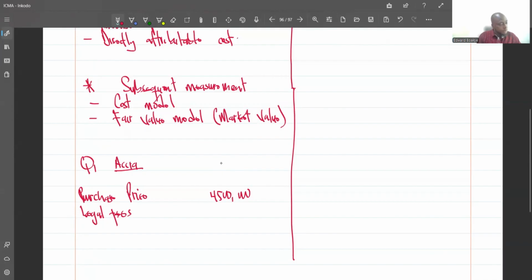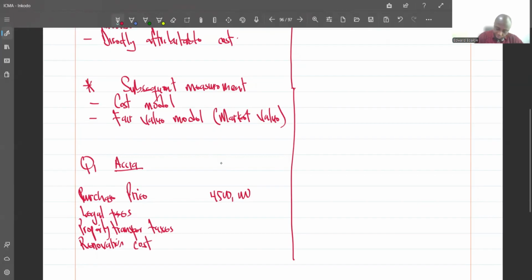Aside from the legal fees, we also have property transfer taxes. And then we also have renovation costs.